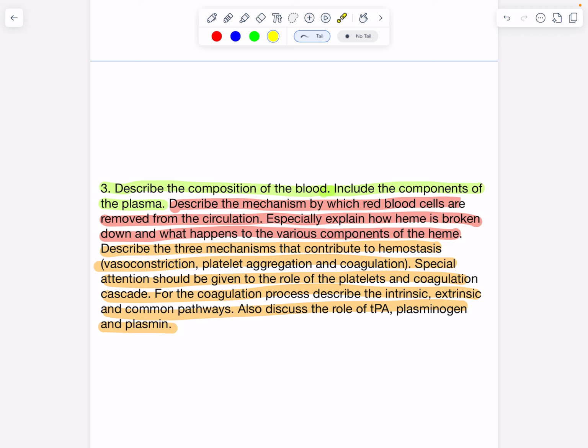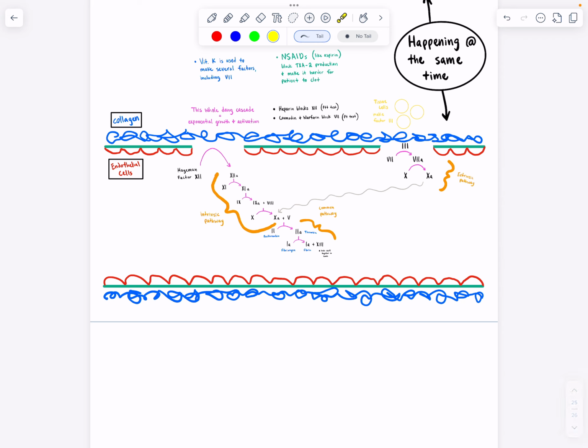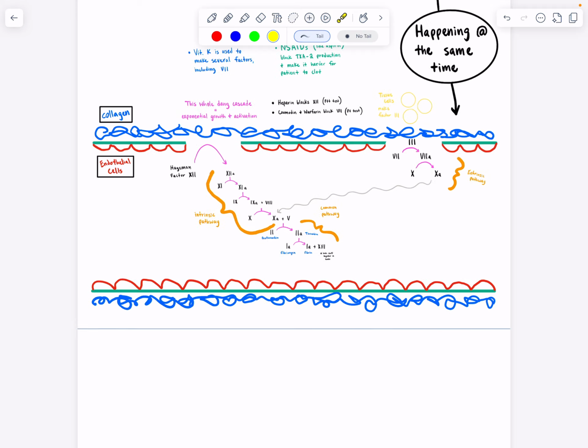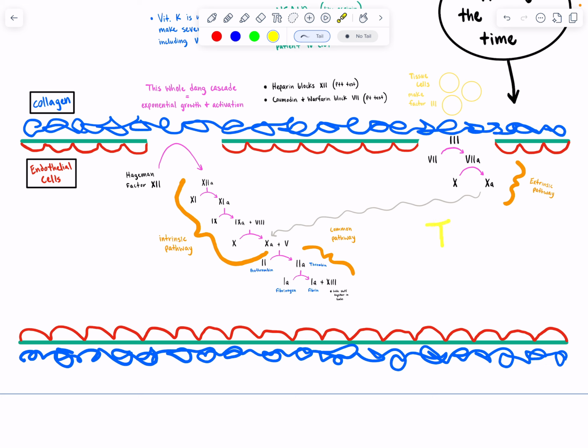TPA is a protein that turns plasminogen into plasmin. So it's kind of like an activation. Plasmin is the activated thing that goes and breaks down this clot that we've made.